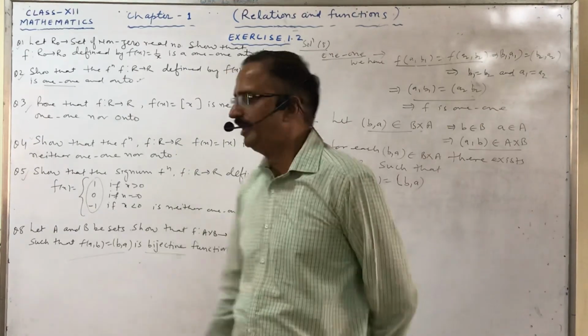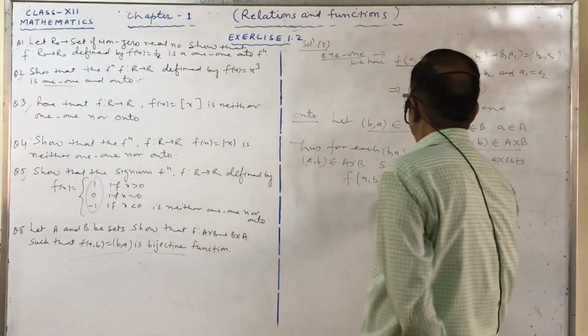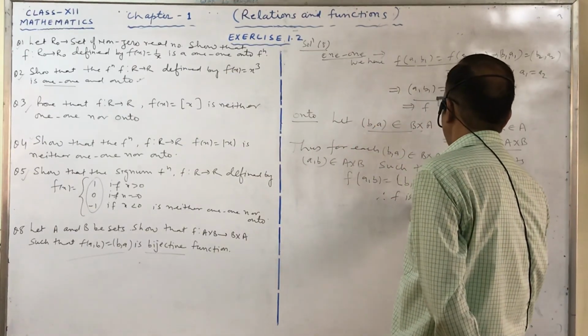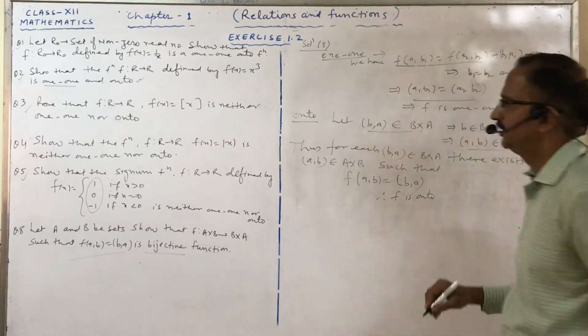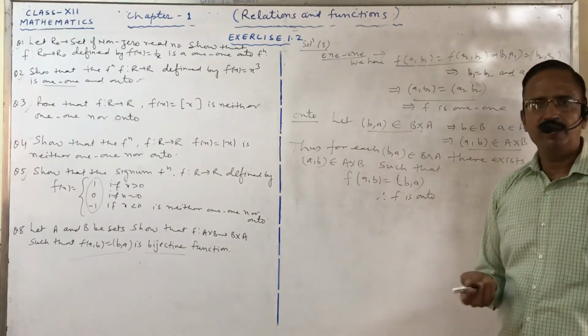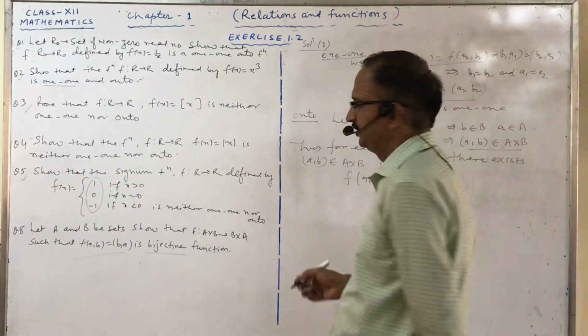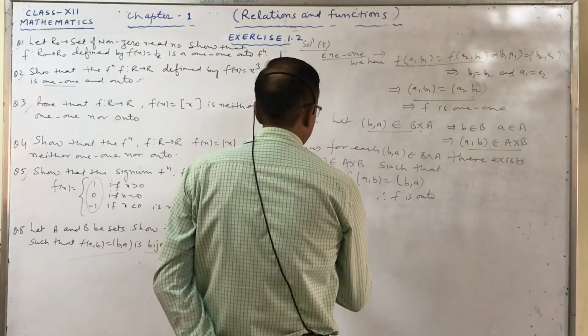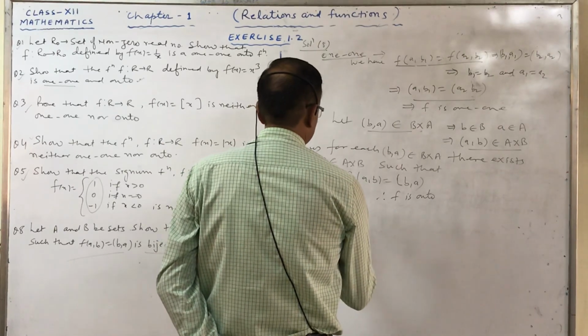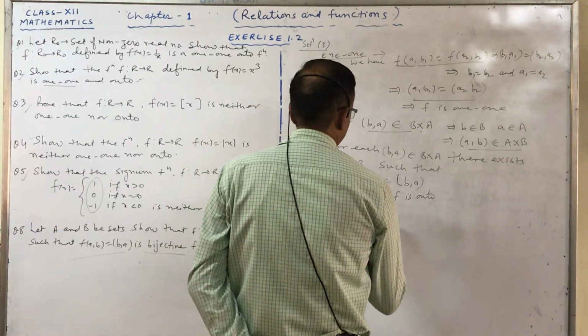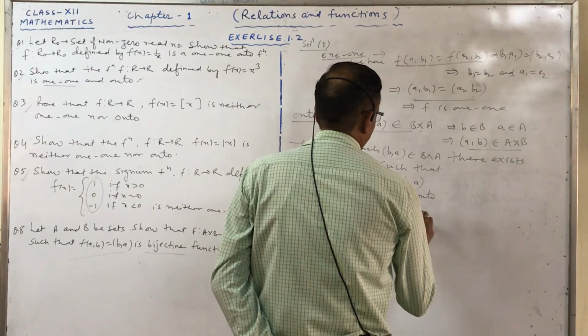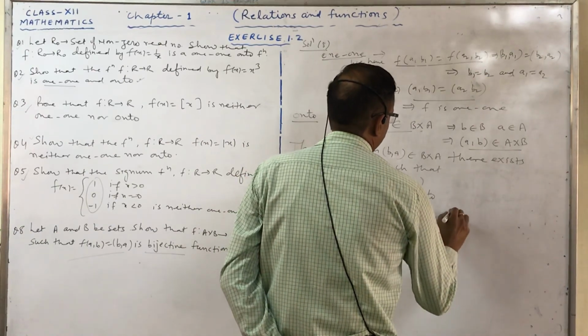So we can say that f is onto. Therefore, f is onto. Since f is one-one and onto, so it is one-one onto, means bijective function. So we can say that hence f is a bijective function.